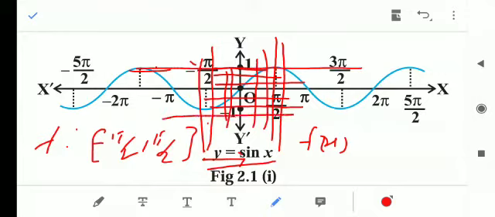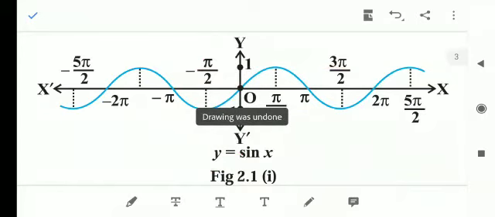So it is going from minus pi by 2 to plus pi by 2, to minus 1 to 1. So y equal to sin x is 1-1 and onto if the domain is taken from minus pi by 2 to plus pi by 2 and the range is taken from minus 1 to plus 1.